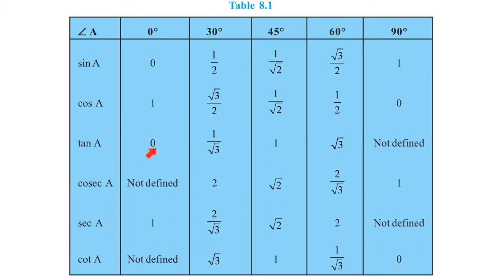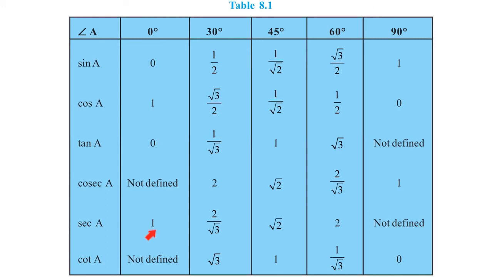And tan 0 is 0, tan 30 is 1 over root 3, tan 45 is 1, tan 60 is root 3, and tan 90 is not defined. You must have figured that out from the previous slide. Cosecant 0 is not defined, cosecant 30 is 2, cosecant 45 is root 2, cosecant 60 is 2 over root 3, cosecant 90 is 1.